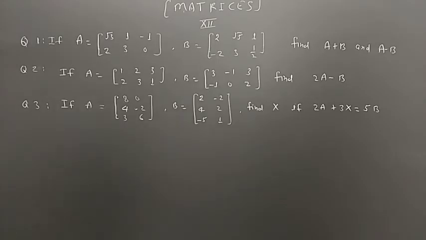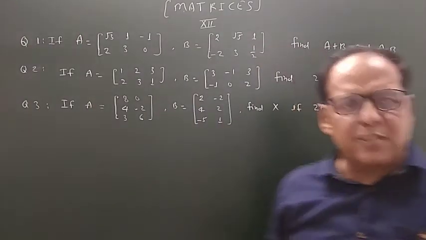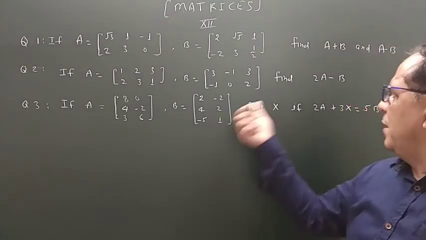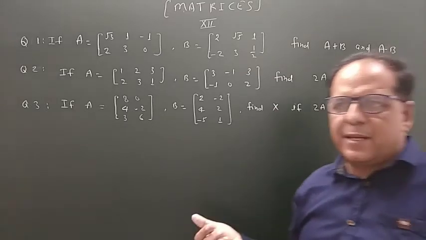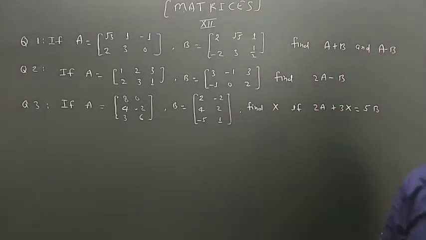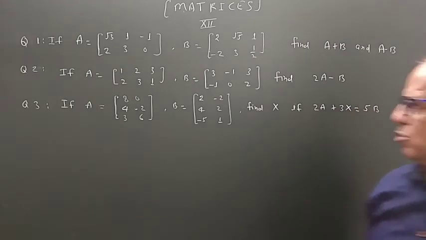Now I am taking some problems based on addition of matrices, subtraction of matrices, subtraction just like addition with negative sign, scalar multiplication with a matrix and additive identity. So there are three problems based on three different properties. Question number first.